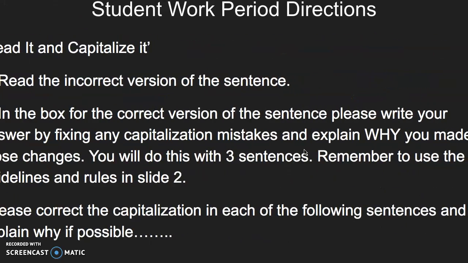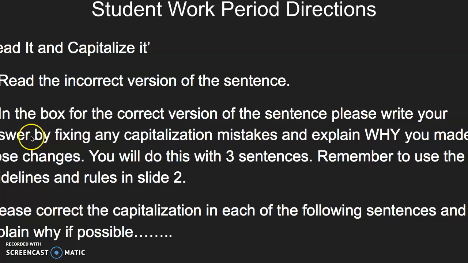All right, now for the directions. Step 1. You guys are going to read the incorrect version of the sentence. You're going to think about it. You're going to try to identify what is wrong with it. Then, step 2. In the box for the correct version, this is going to be an empty box of the sentence.